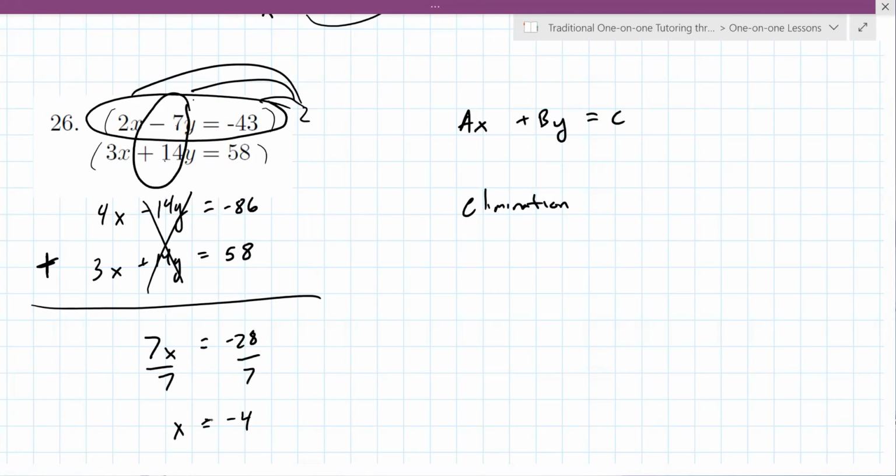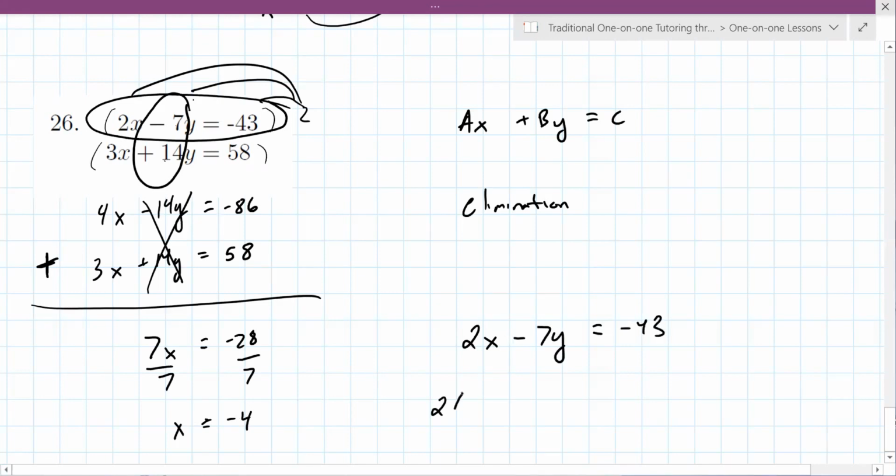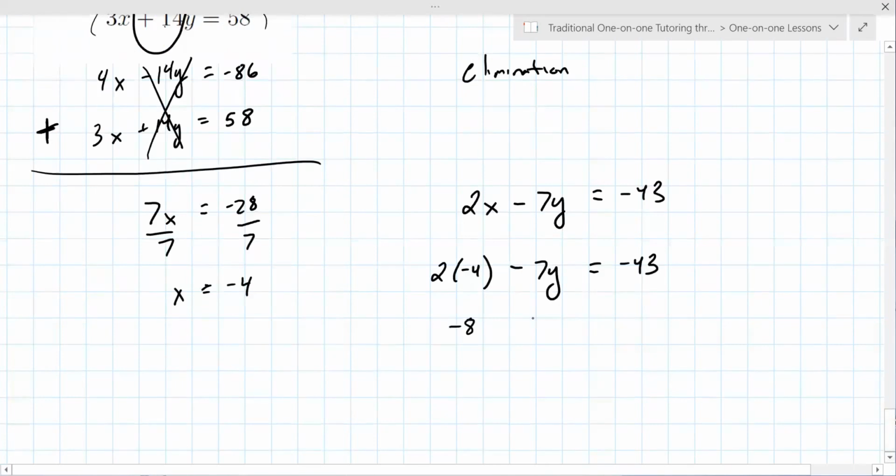Okay. To solve for y, well, you got to choose one equation or the other. Sometimes there's one that's better than the other. I don't really know if there is in this case, so I'm just going to go back to the first equation. You put that minus 4 in for x, 2 times minus 4, minus 7y equals minus 43. Minus 8 minus 7y equals minus 43.